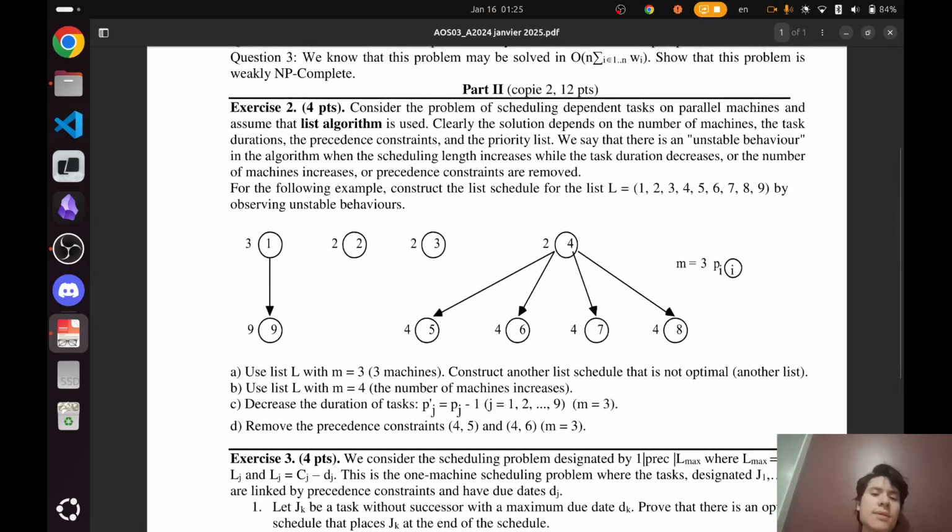But the algorithm is pretty easy. You compute which machines are available, because you have some precedence constraints. On the left-hand side, we say that task 1 has to be executed before task 9, so only tasks 1, 2, 3, and 4 are able to be run.